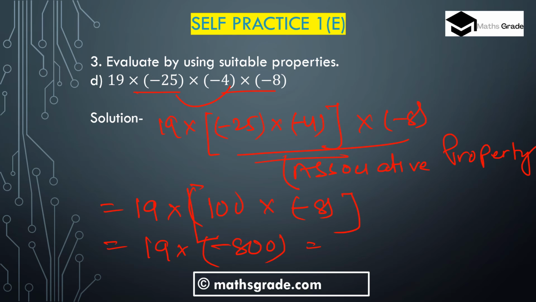And when we multiply 19 with 8, we get 8 ones are 8 and 8 nines are 72. 8 plus 7 is 15, so 152. And plus multiplied with minus is minus. Minus 1520, now it is minus 15,200. So 19 multiplied with minus 25 multiplied with minus 4 multiplied with minus 8 is minus 15,200. And the property used is associative property of multiplication.